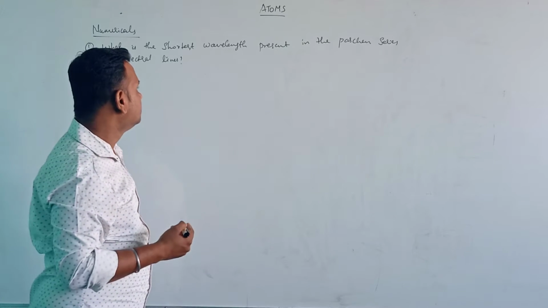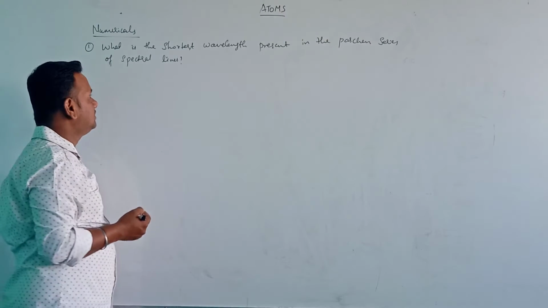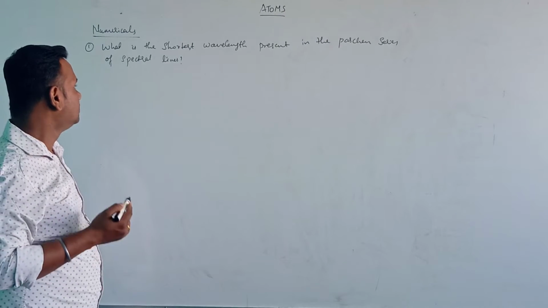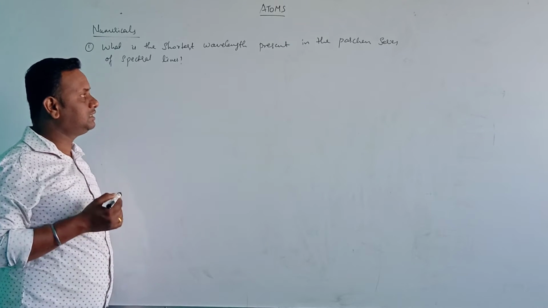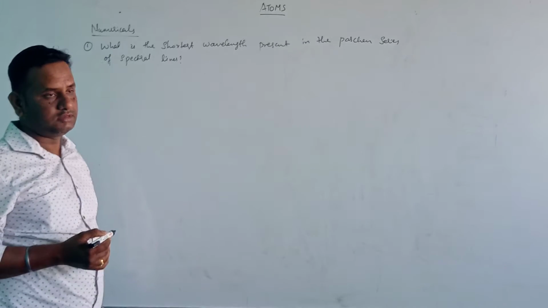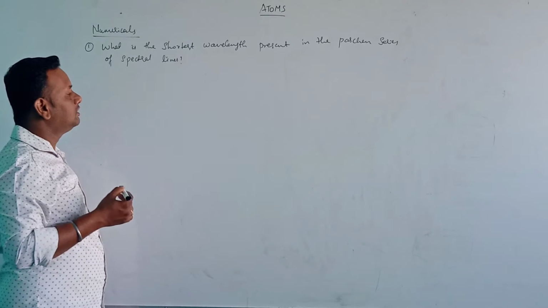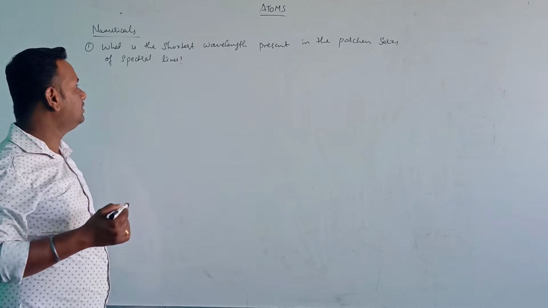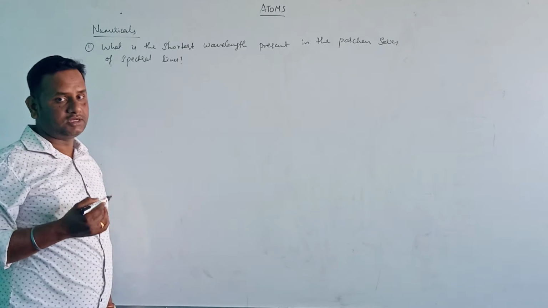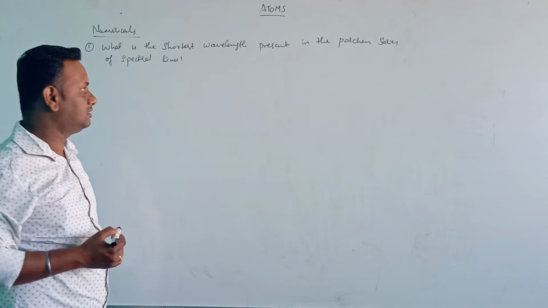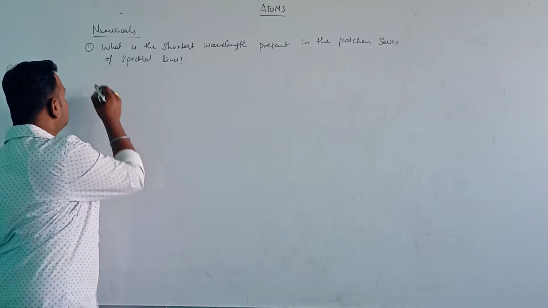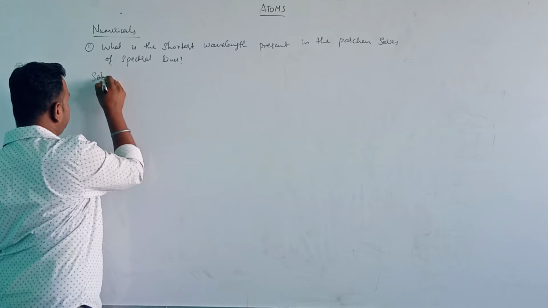In this question, he is asking to find the shortest wavelength in the Paschen series. We have to calculate which line in the Paschen series has the shortest wavelength. So let us find that one.